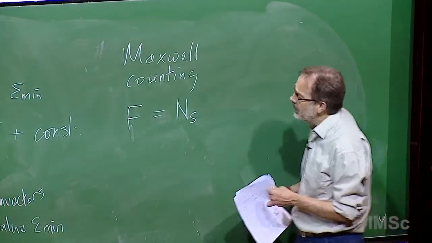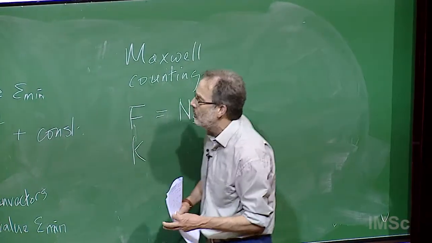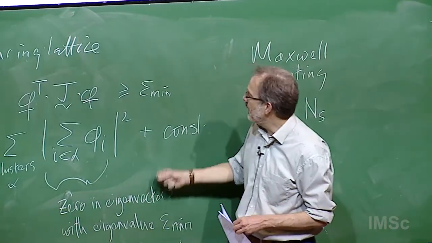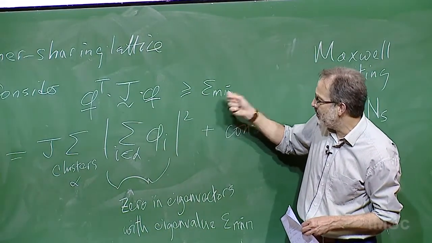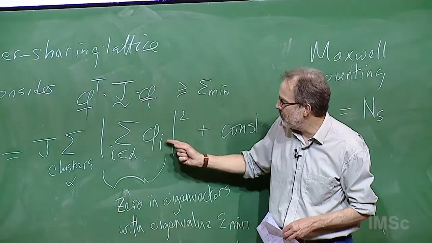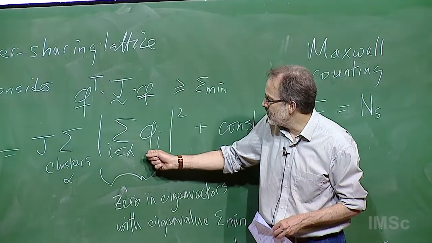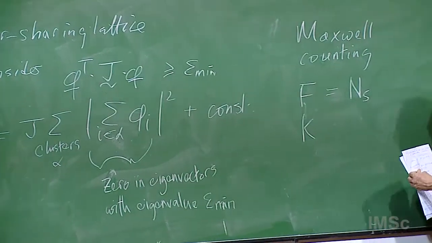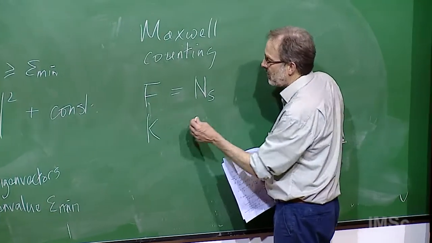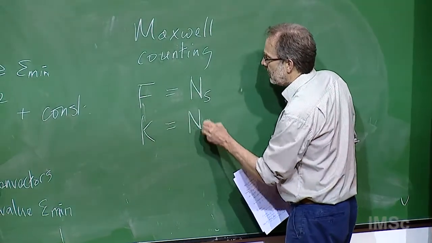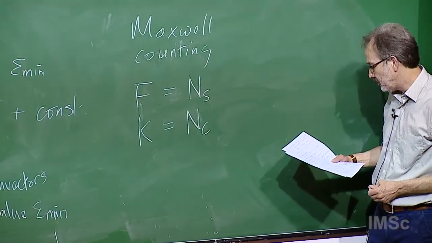And the number of constraints: if we want to be in one of the eigenvectors of the minimum eigenvalue, then, as I've said, we have to constrain the sum of components on each frustrated cluster to be 0. So the number of constraints is equal to the number of clusters.